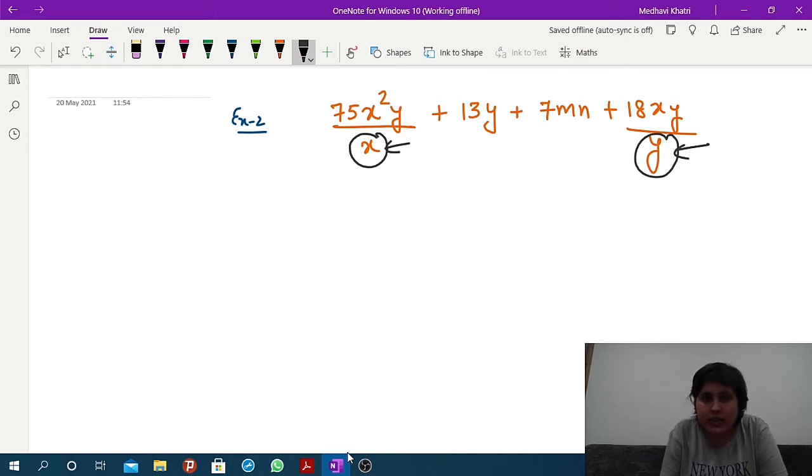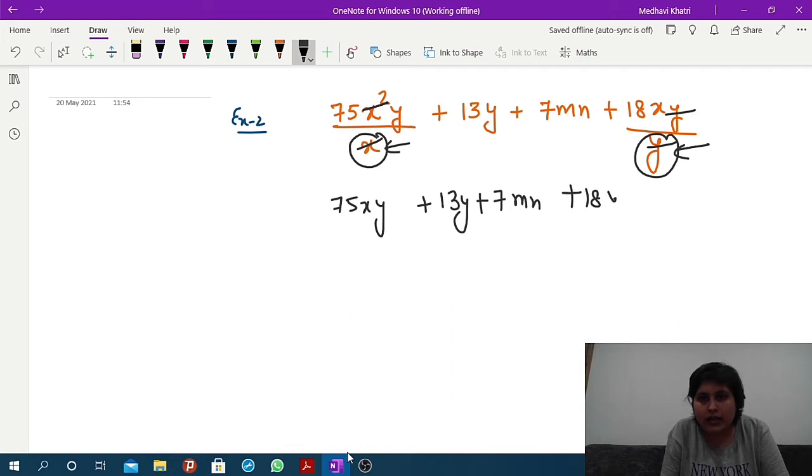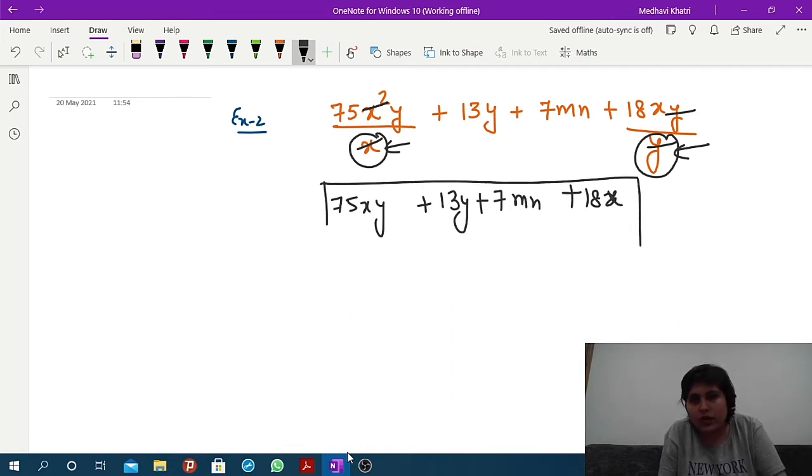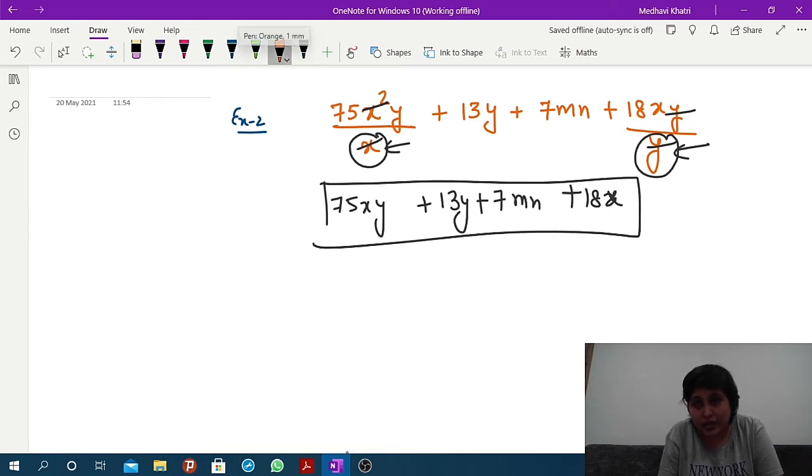Here x will be cancelled out and here y will be cancelled out. So what remains is 75xy plus 13y plus 7mn plus 18x. Now this is the reduced form of the expression.